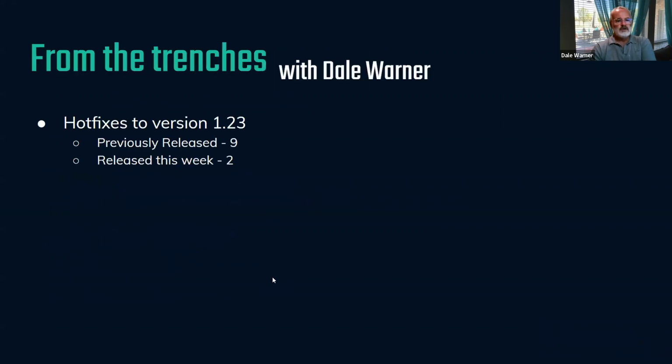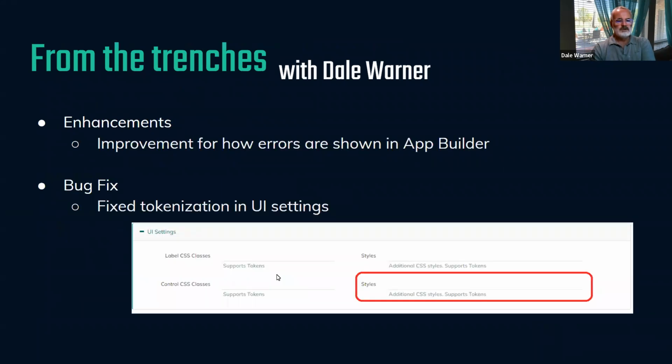So from the trenches of support, we have previously released 9 hotfixes to version 1.23, and there's 2 new ones this week. The first is an enhancement, and it's a little bit on the cosmetic side, but when you encountered an error in the app builder, sometimes a red error would appear in the bottom of the screen in a stacked up, jumbled up, hard to use window.